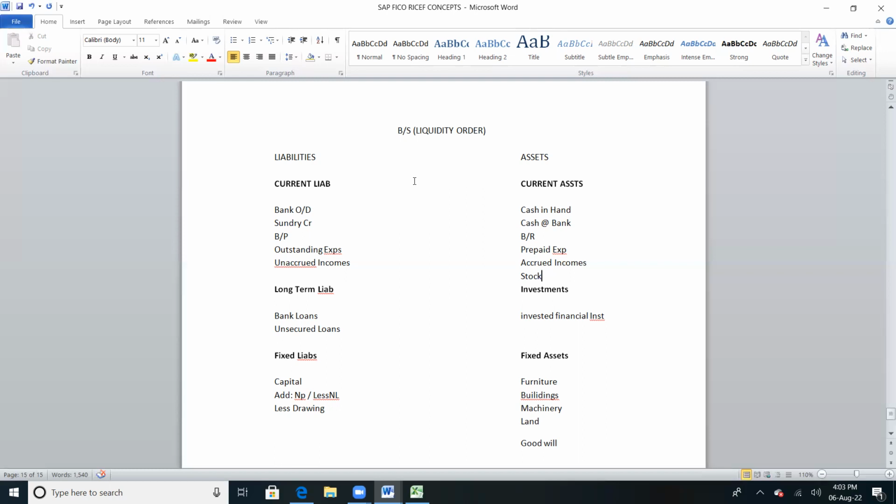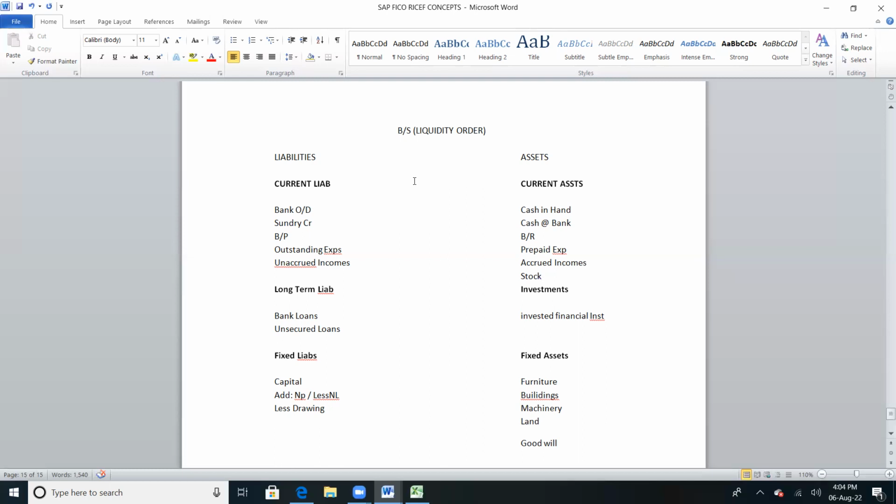In this order, on the asset side, the least liquid asset will be shown first, and the most liquid asset will be shown last.